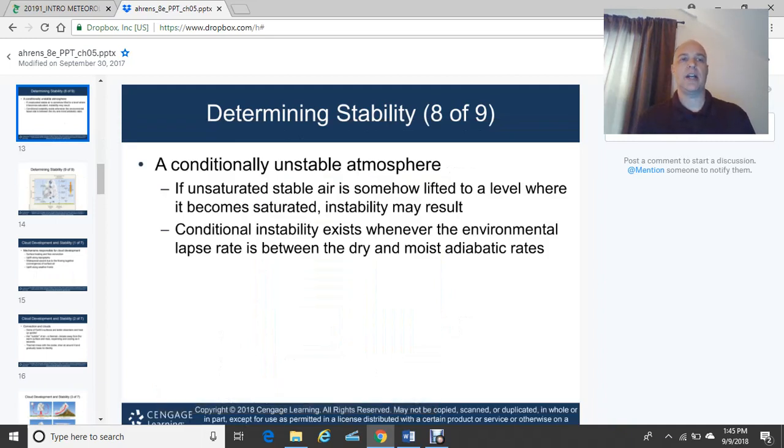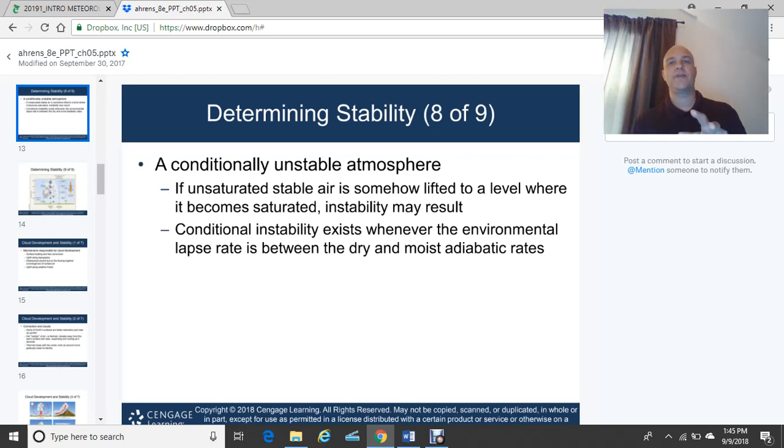A conditionally unstable atmosphere is one in which, if the air parcel is unsaturated, so unsaturated is a simple way to say the air parcel is not at 100% relative humidity. Okay? Unsaturated means it's not completely moist. If unsaturated stable air is somehow lifted to a level where it becomes saturated, instability may result.